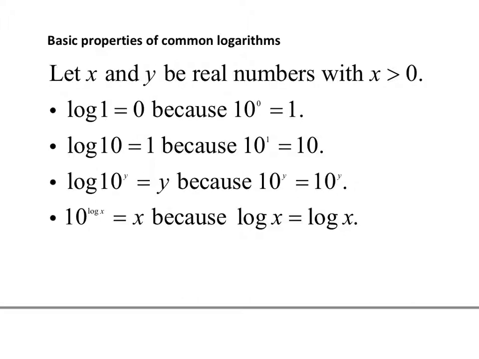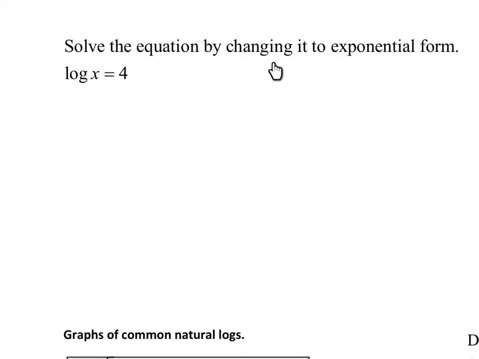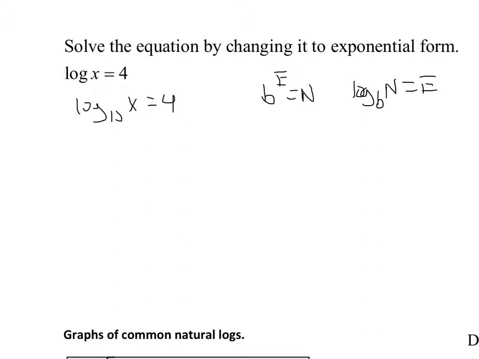Alright, let's move on. Solve the equation by changing it to exponential form. So we have log base 10 of x equals 4. Remember, base to the exponent equals the number is the same thing as log of the base of the number equals the exponent.